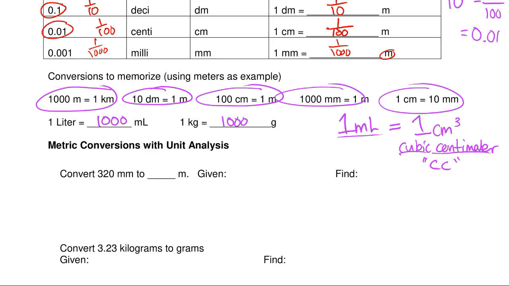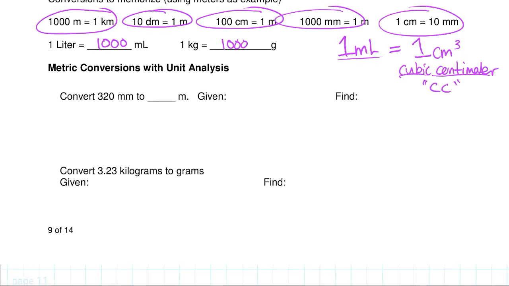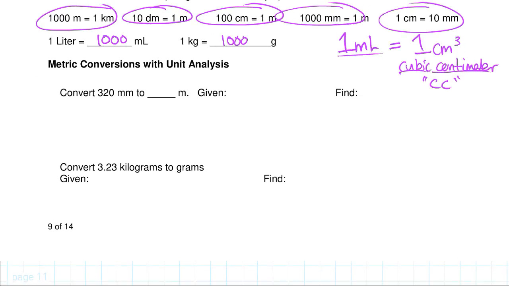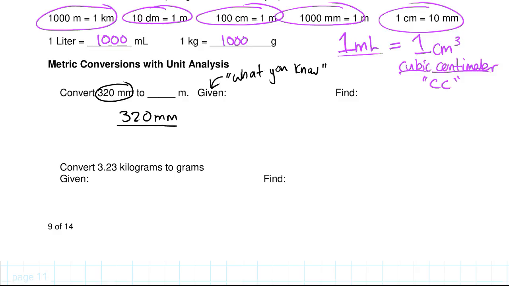Some more metric conversions using unit analysis or dimensional analysis. If we were to convert 320 millimeters to meters using our method that we learned just now, I call this the what you know. What I know is 320 millimeters, so I'm going to put that over 1.